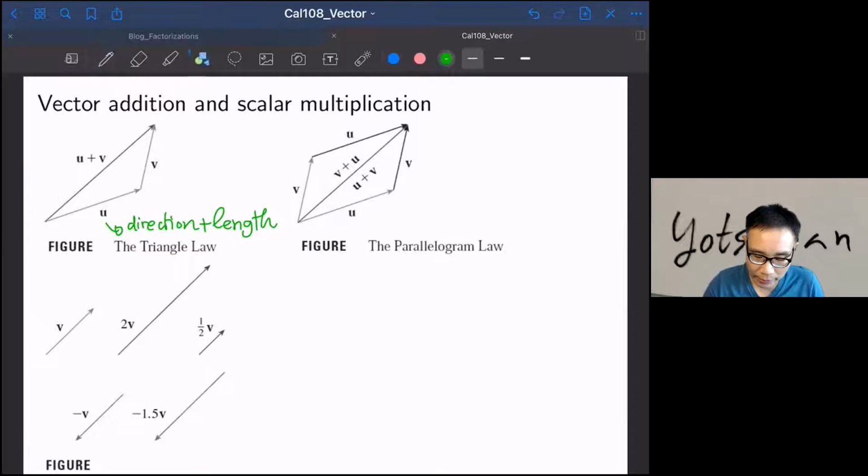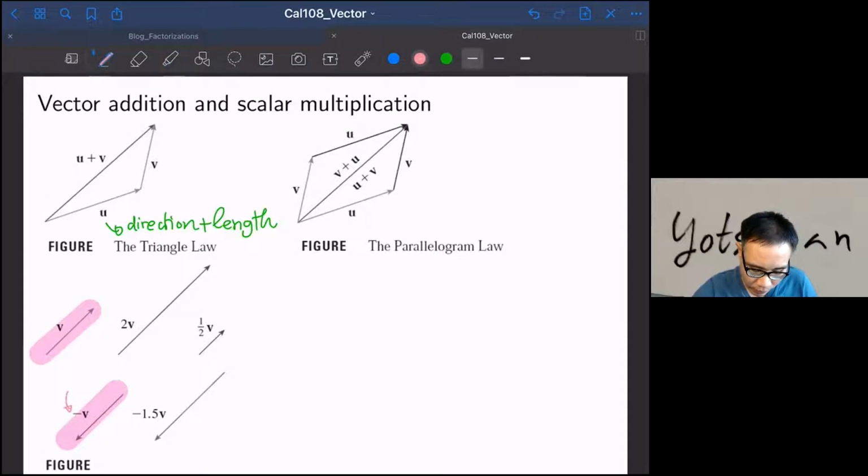Let me highlight a little bit. You see that you have the vector v in this direction. If you put the negative sign in front of v, it becomes negative v. Negative v gives you the same length, however the opposite direction. So the negative sign affects the direction.